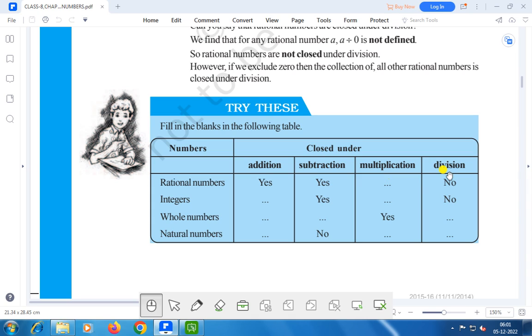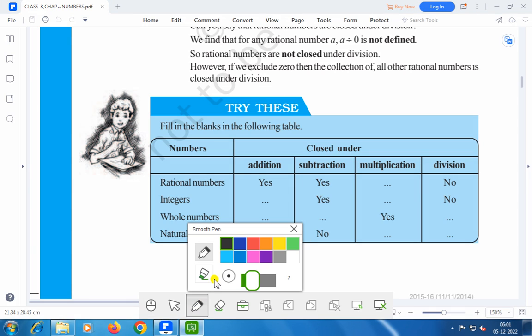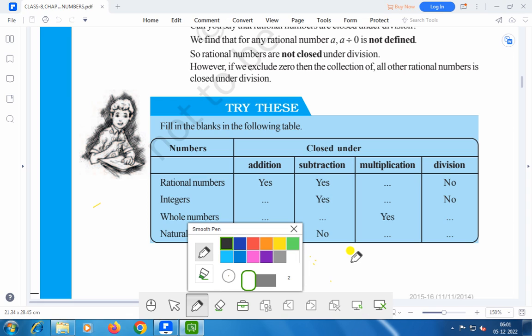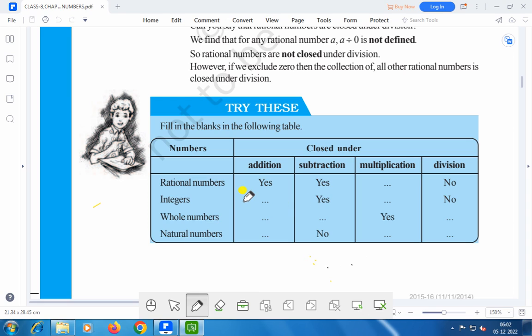Closed under division, that is no. Right?